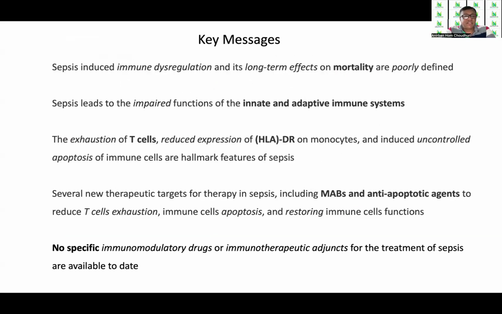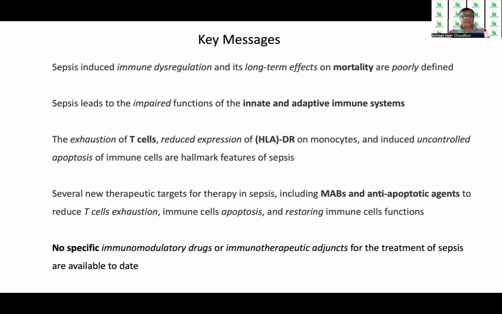So, my key messages at the end of this video would be that sepsis induced immune dysregulation and its long term effects on morbidity are poorly defined. Sepsis leads to impaired functions of the innate and adaptive immune systems, and the exhaustion of T cells, reduced expression of HLA-DR on monocytes, and induced uncontrollable apoptosis of immune cells are hallmark features of sepsis.